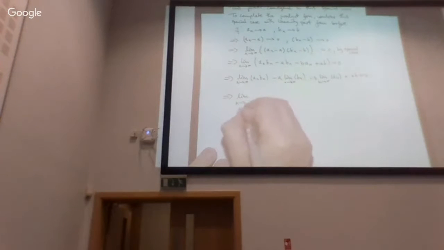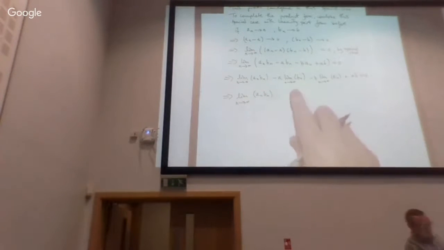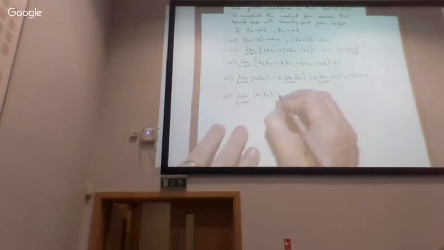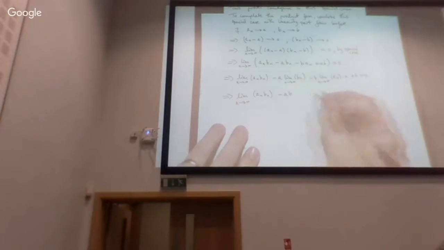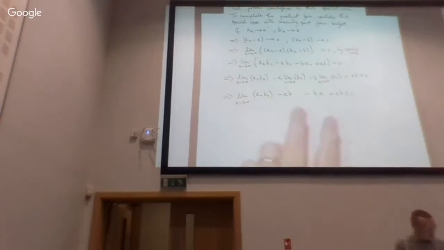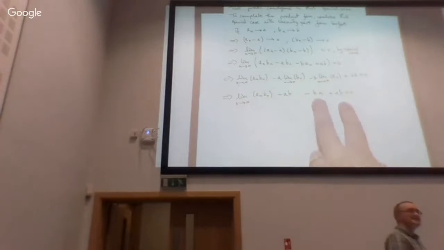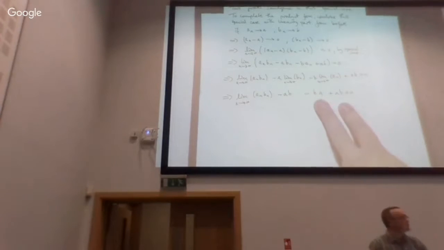But that implies this thing I'm interested in, the limit of an times bn, well, I know what the limit of bn is. It's just b. I know what the limit of an is, that's just a. And this is still plus ab here. Well, you see these two cancel. I've got minus ab plus ab. That cancels.